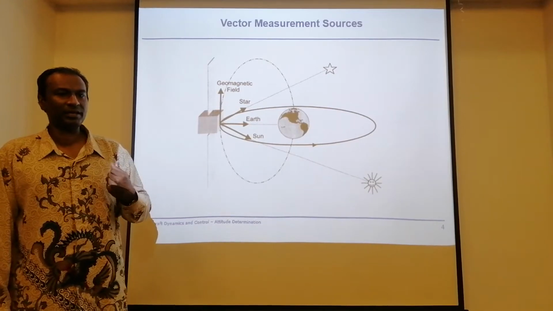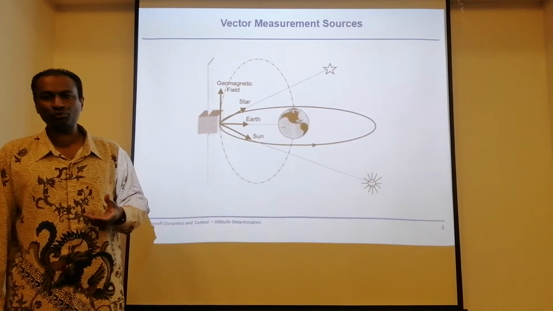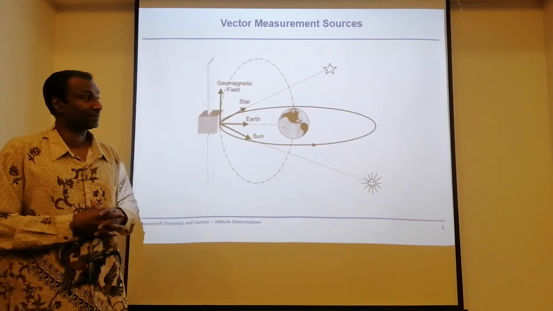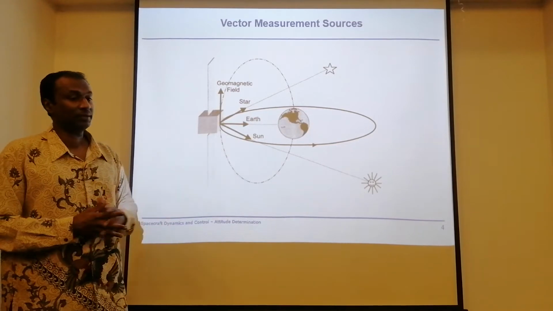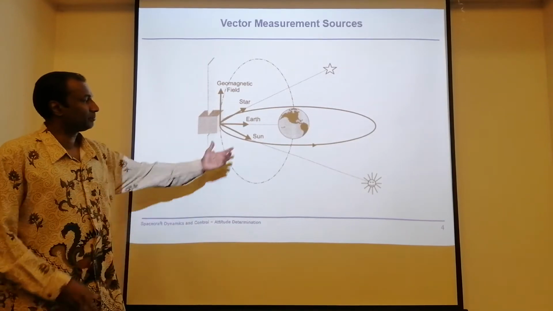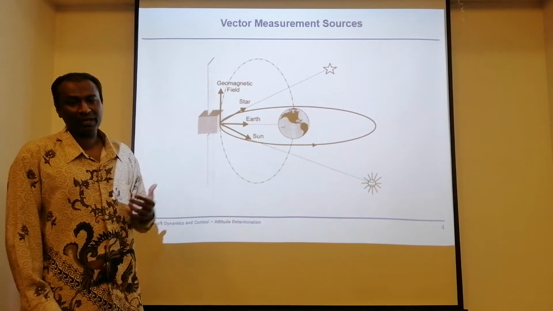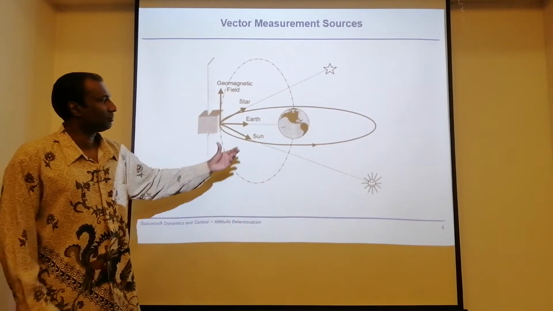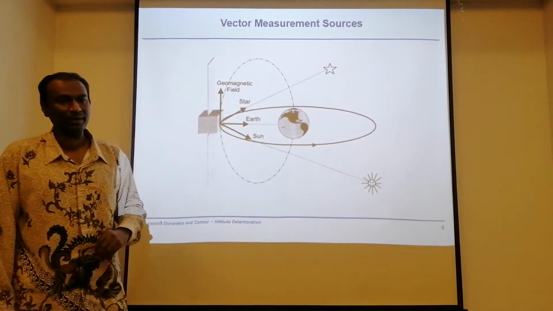In satellite technology, you have been exposed to all sorts of sensors on board a spacecraft. Sun sensors could play a good role here, but unfortunately they don't work during the eclipse phase. Planet Earth itself, because we have horizon sensors, can always help us estimate our attitude.